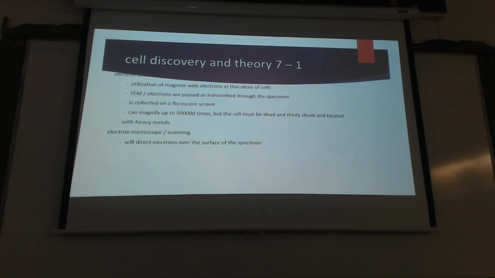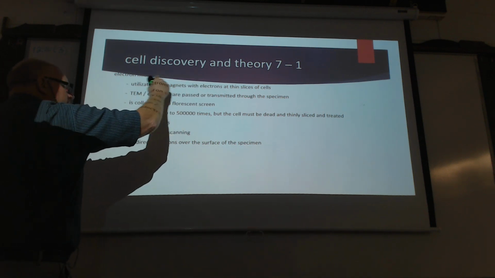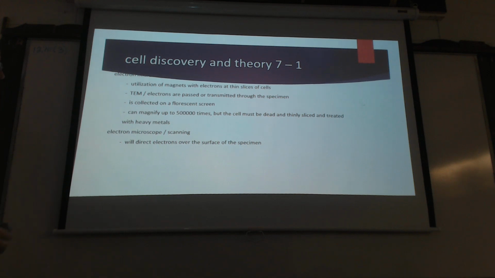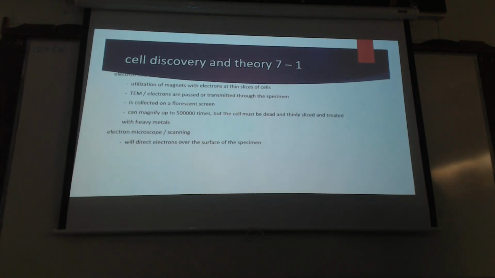So, different types of microscopes. One thing about it, you don't have to see what this is because that's already written on your paper. So if you really want to see something at the microscopic level, you would be using one of these types of microscopes.